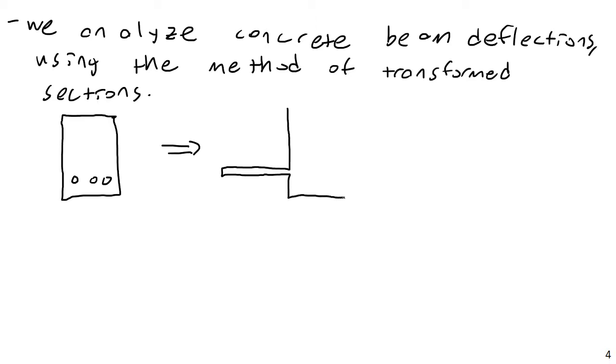Basically, we multiply the area of the steel times the ratio of modulus of elasticity of steel to concrete, and we create a really weird shaped concrete beam that then allows us to calculate the moment of inertia of this thing.